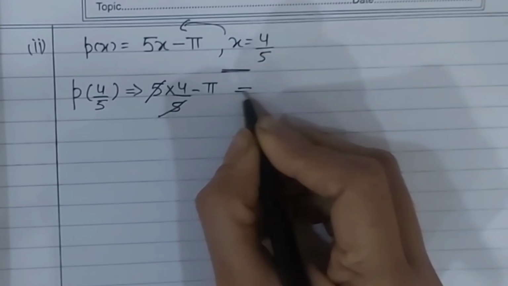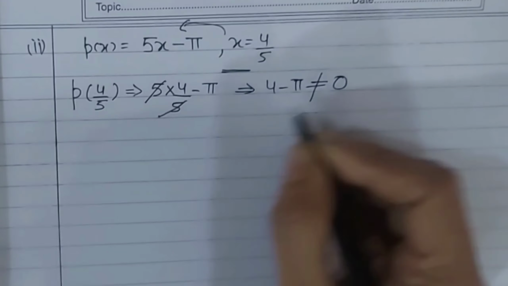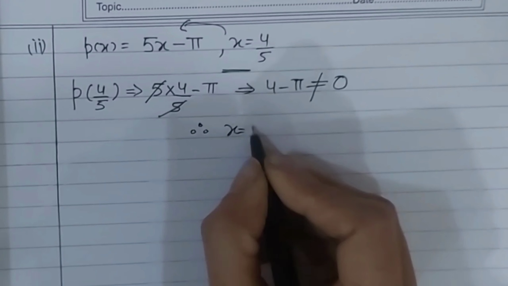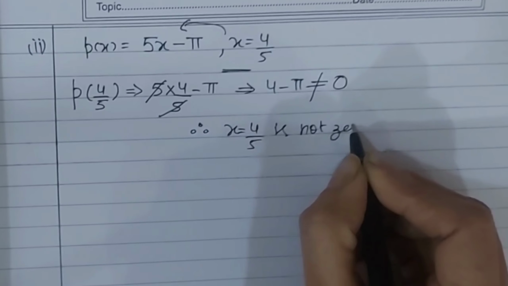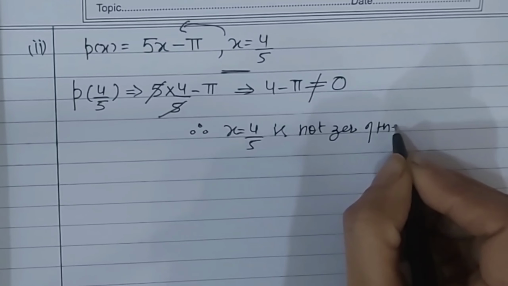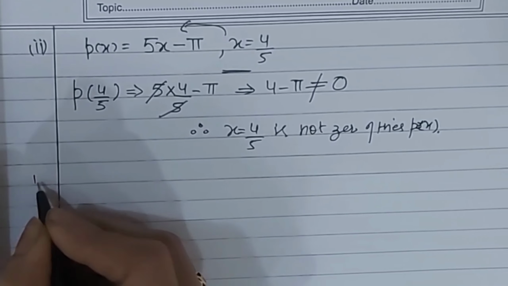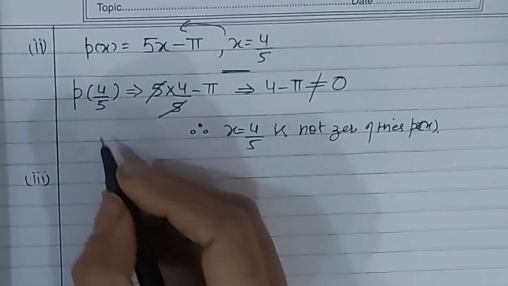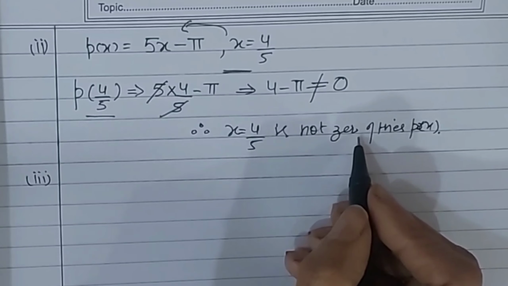So we'll get the value as 4 minus pi, which is not equal to 0. Therefore, x is equal to 4 by 5 is not a zero of this p(x) polynomial. Right, like this we have to do. We have to first of all find the value of p(x). If it is 0, then it is a zero of that polynomial.